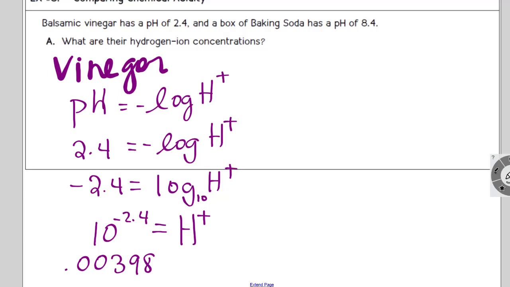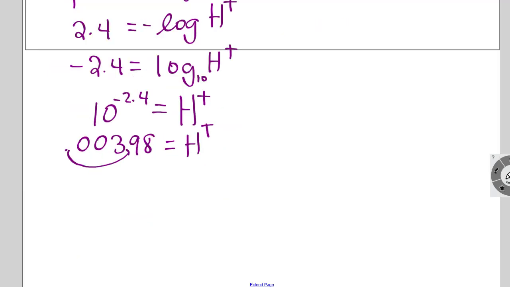Or if we wanted to write this in scientific notation, this is going to be 3.98 times 10 to the -3, okay?